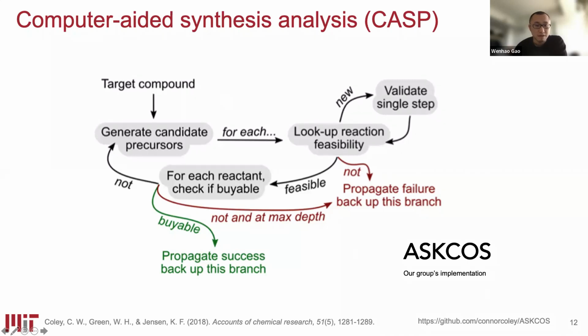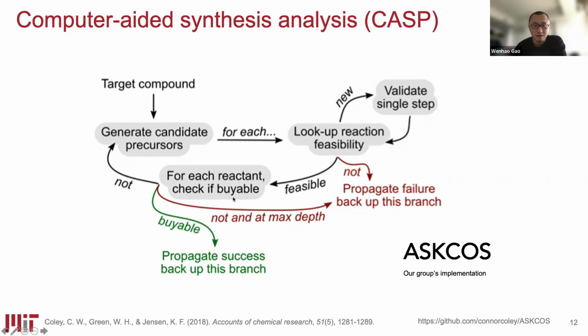From a target compound, in each iteration, we feed the target into a neural network to obtain the potential precursors. And for each precursor, we use another model to check if it's a feasible reaction or not, and filter out the unfeasible ones.